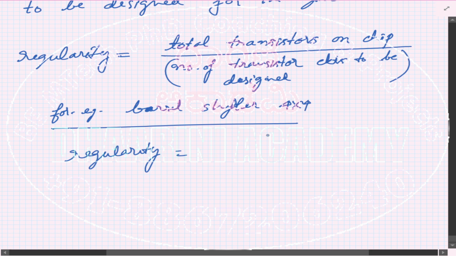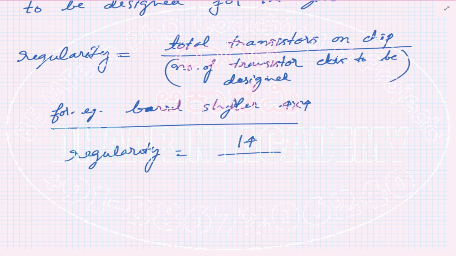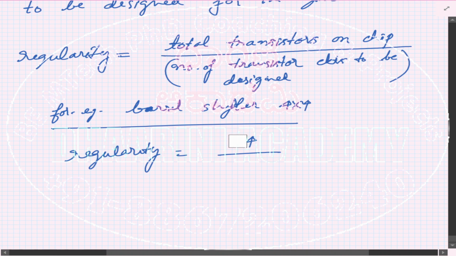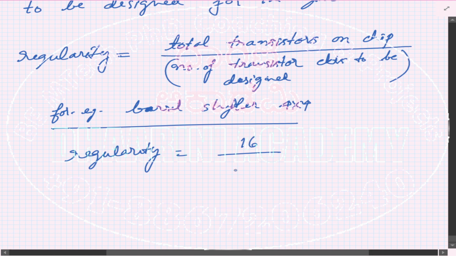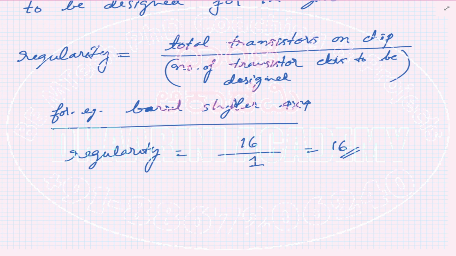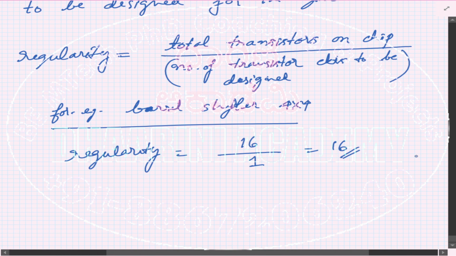It is the total number of transistors, 4 into 4, so 16, divided by how many circuits there are to design. It's only one circuit. So this is 16. If this is high, regularity is high, which means it's easy to build that circuit.